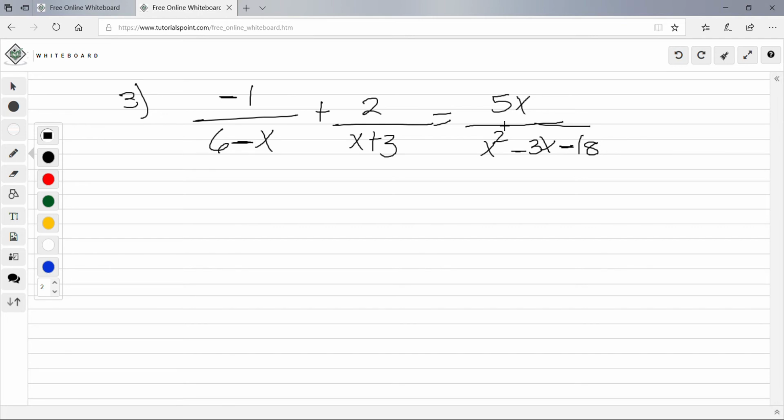So first step, I'm going to factor this part because it might be our common denominator. Two numbers multiplied to negative 18 and added to negative 3 are negative 6 and positive 3.